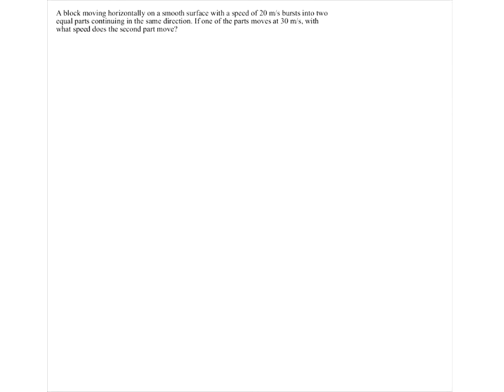So I will illustrate how to apply the conservation of linear momentum principle.